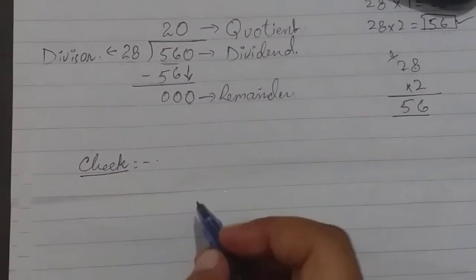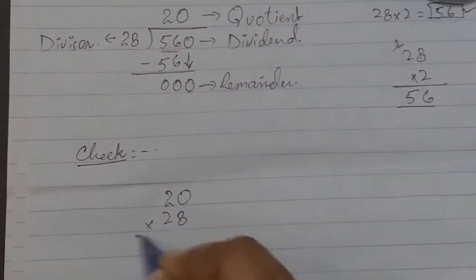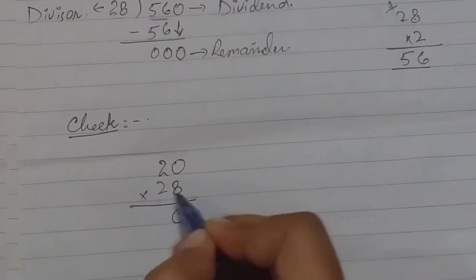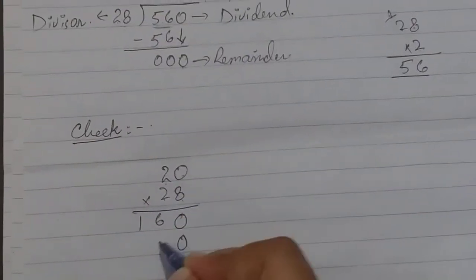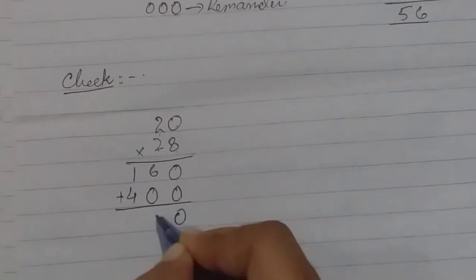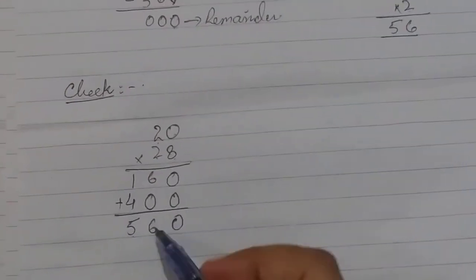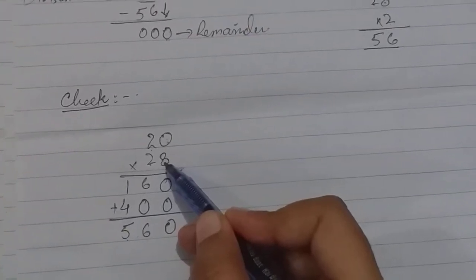Let's check our answer. You will multiply the quotient by the divisor. 8 zeros are 0, 8 twos are 16, 2 zeros are 0 and 2 twos are 4, so we get 560. After multiplication of quotient and divisor, you will add the remainder.